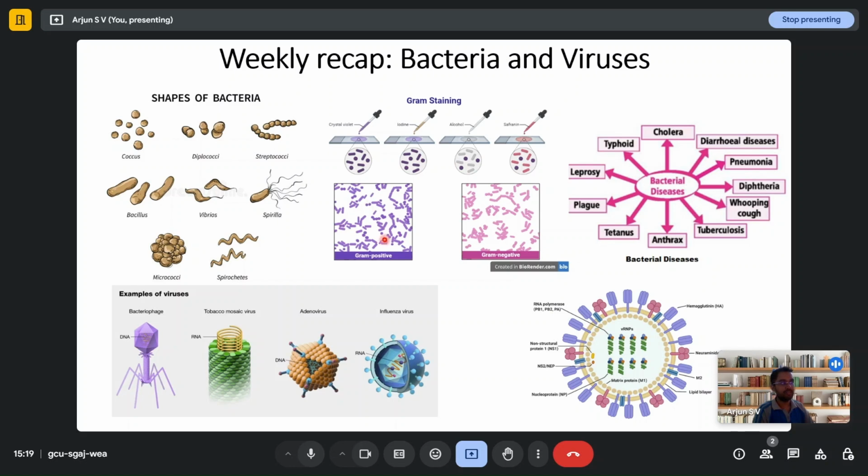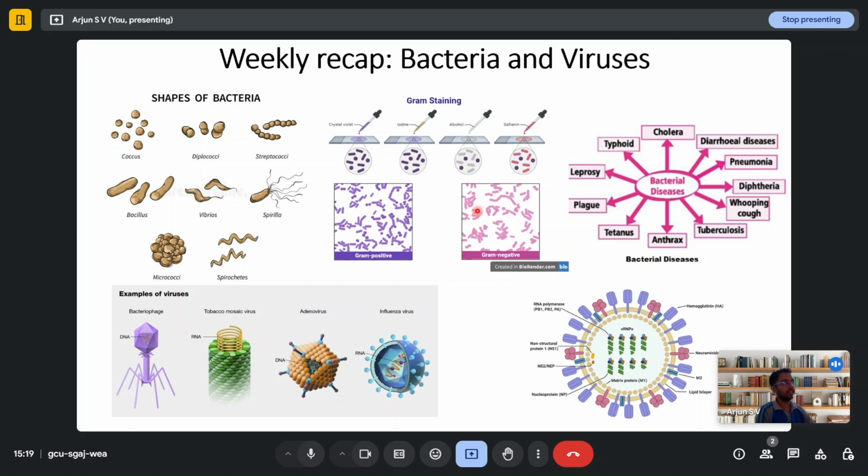Gram positive bacteria will accept the crystal violet stain. The crystal violet stain targets the peptidoglycan covering, and gram positive bacteria have a very thick layer of peptidoglycan on their surface, which gives out the purple color.